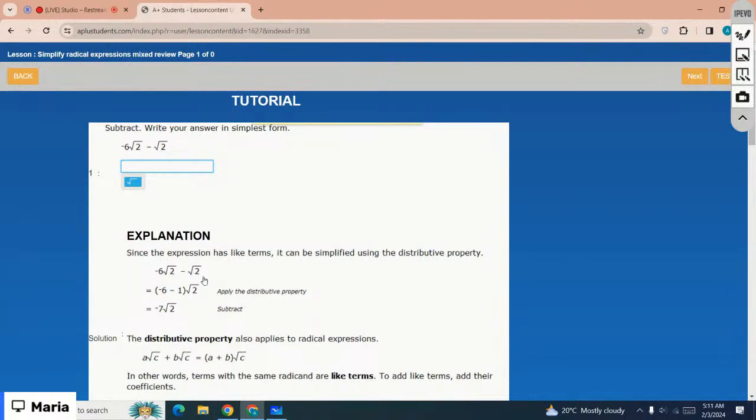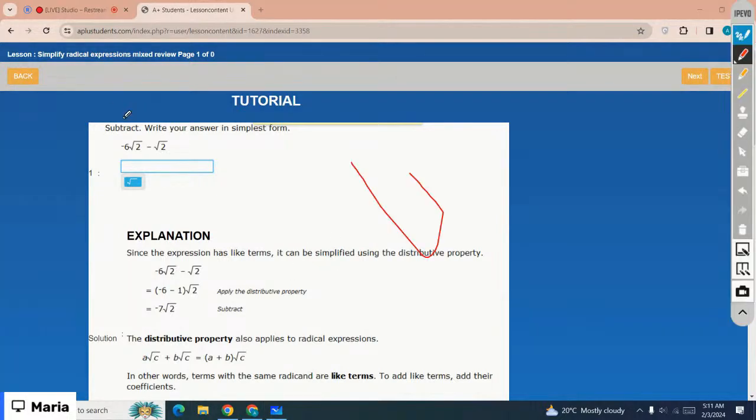Like terms means the terms that have the same radicals. So they both have the same radicals. You can take square root 2 common and subtract. Here you have 6 minus 1, which is 5. So the answer is 5 square root 2. Got it?